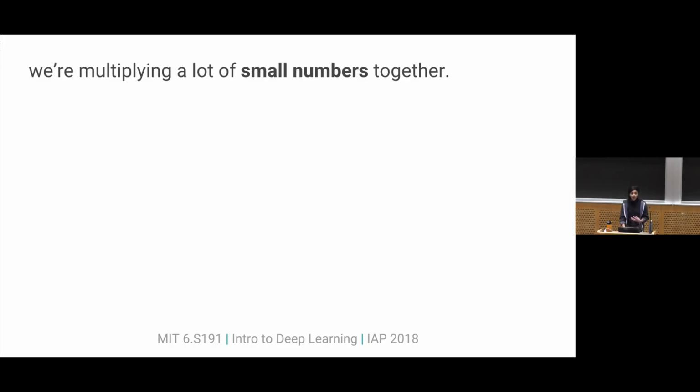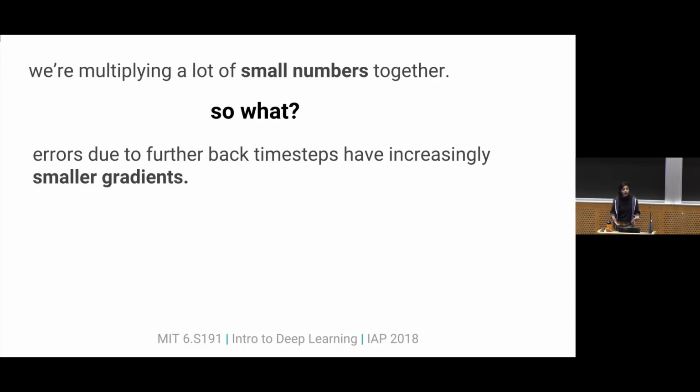OK, so what does this mean? Recall that this product is how we're adding the gradient from past time steps to the gradient at a future time step. What's happening then is that errors due to further and further back time steps have increasingly smaller gradients, because that product for further back time steps will be longer, and since the numbers are all decimals, it'll become increasingly smaller.